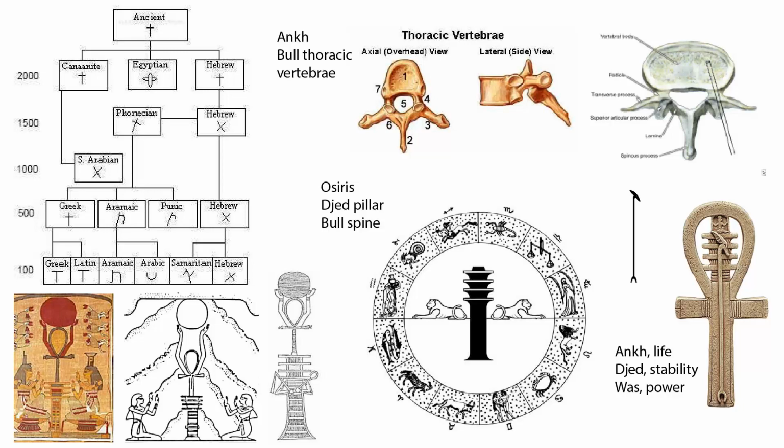The Djed pillar was, so all these things are related to Osiris. There's the Ankh, the Djed pillar, and the Was scepter. These all relate to Osiris, as Osiris is the bull of heaven.